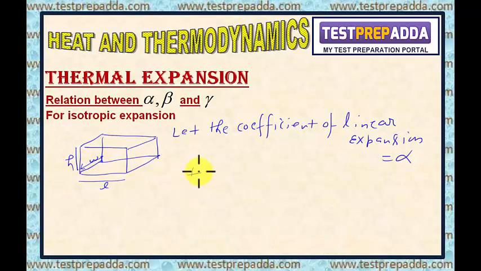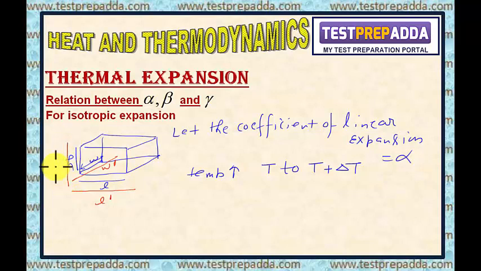Now if the temperature is increased from T to T plus, let us say, delta T, then the new length will become L dash, the new width will become, let us say, W dash, and the new height will become, let us say, H dash.